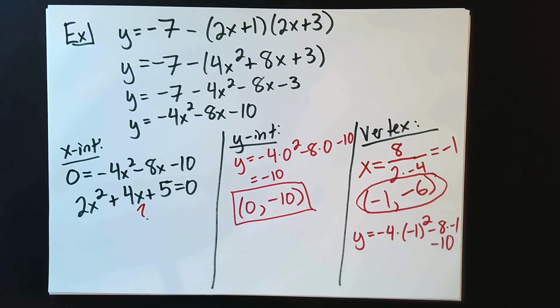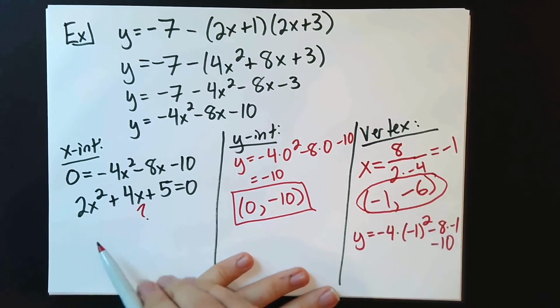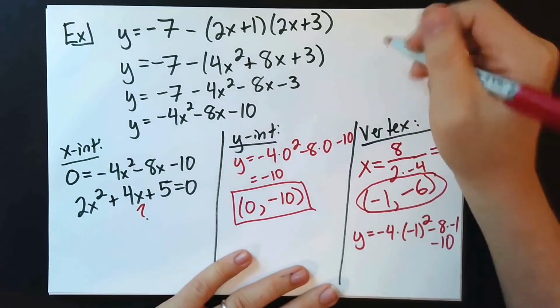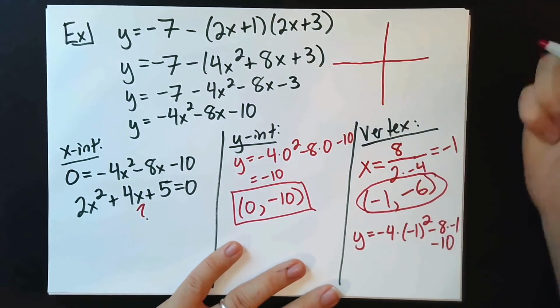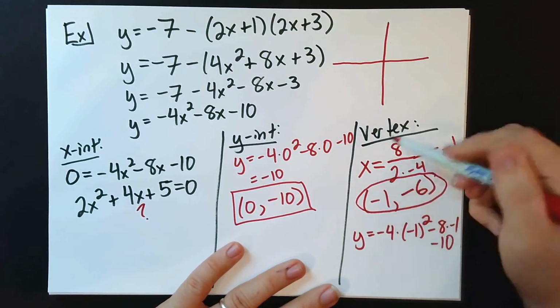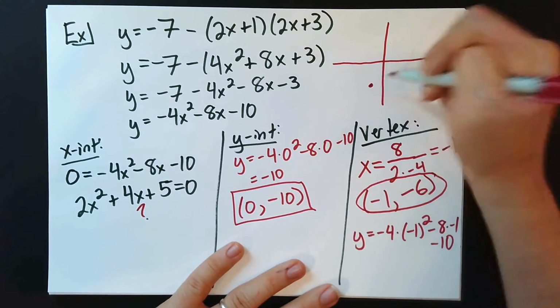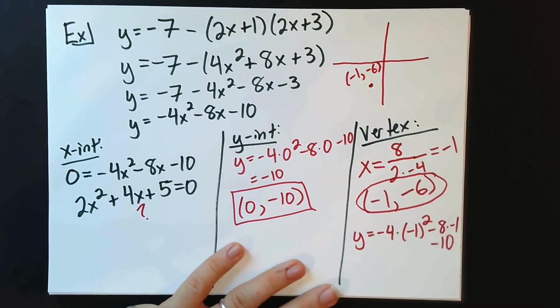Okay. And now I hoped that by the time I got here, I would have some insight about what's happening with the x-intercepts. And actually, if I think about this in terms of a graph, I can think about it. So the vertex here is at (minus 1, minus 6), so it's something like that. In which way does the parabola point?